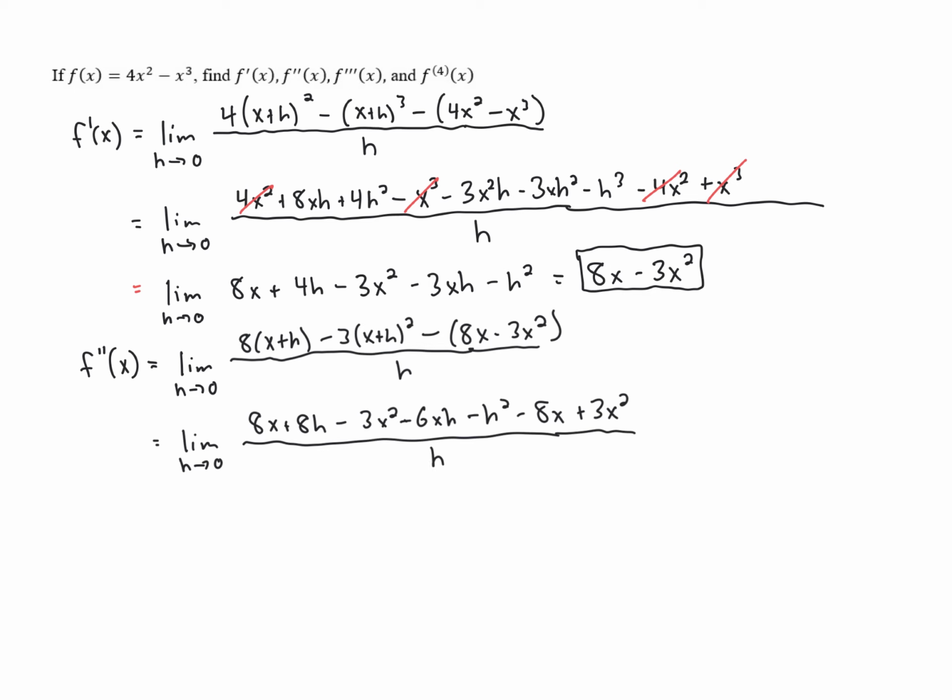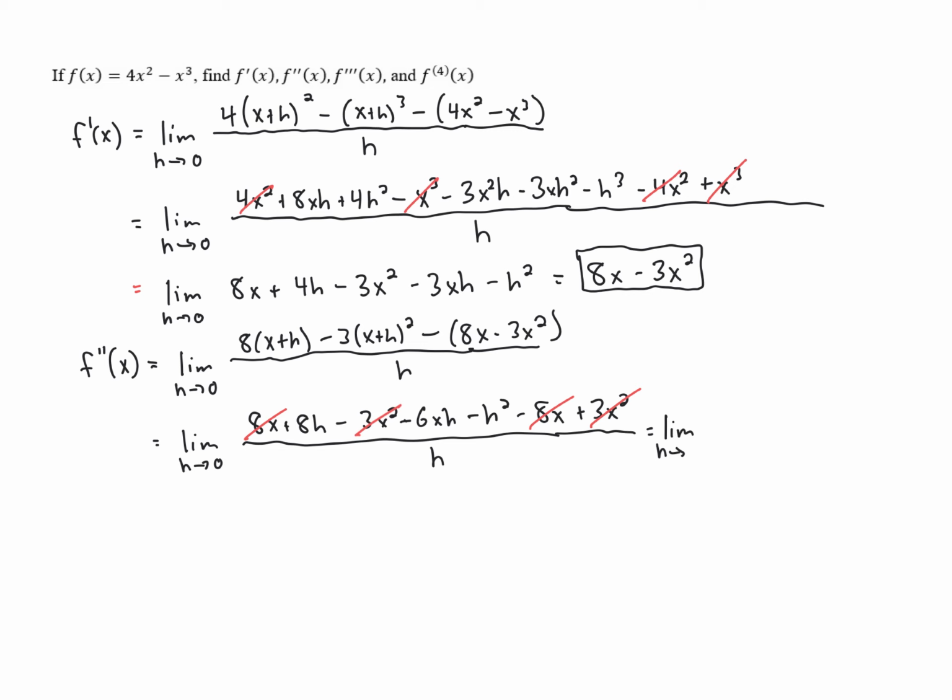Now let's see what cancels. Let's play our favorite game. Negative 3x squared and positive 3x squared, positive 8x and negative 8x. Those cancel. Everything else is divisible by h, so let's go through and divide those things by h.